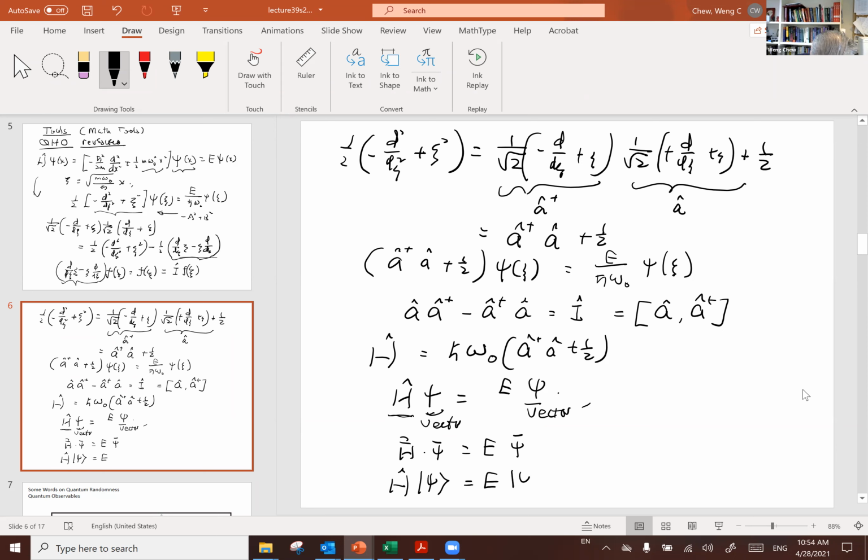Okay. They like to call a vector a ket operator, a ket function. Okay. This is called a ket. And this actually is a vector. And it is actually equivalent to the vector psi written by the mathematician community.